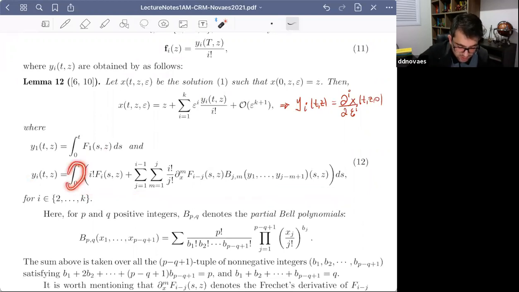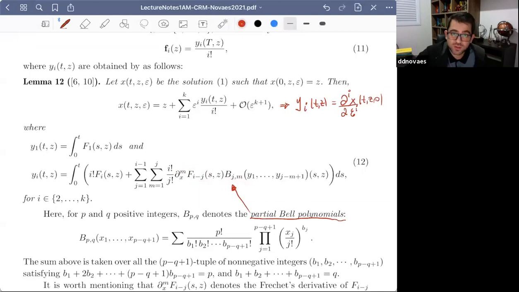So it's the integral between 0 and t of i factorial multiplied by fi plus a sum. I'm not going into the details of this expression, but it's a sum of the derivative of fi minus j, an m-th derivative of this function multiplied by the Bell partial polynomials. Okay, these are special polynomials which we have implemented, for instance, in Maple and Mathematica, partial Bell polynomials of the previous y's.